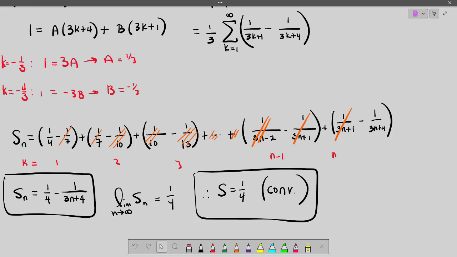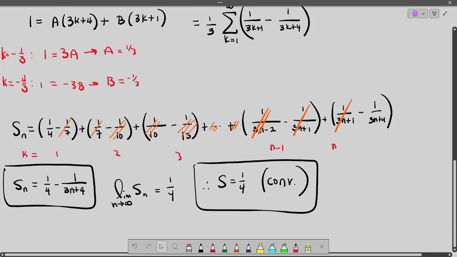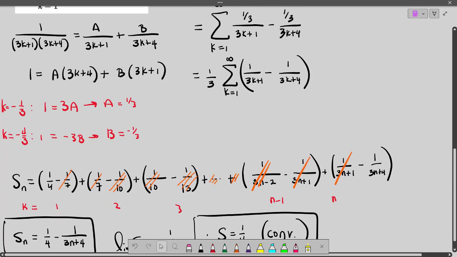That series is telescoping and geometric, so we can find what the series converges to. You don't have to plug in the 1/3 at the front of the summation. Good point. So it's true that the series converges. Saying S equals 1/4 is just for this part of it.